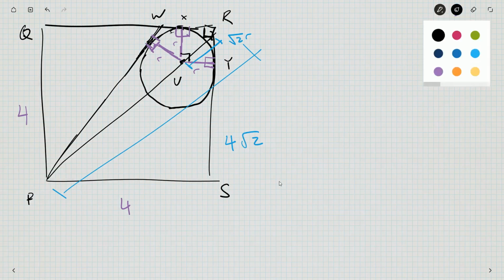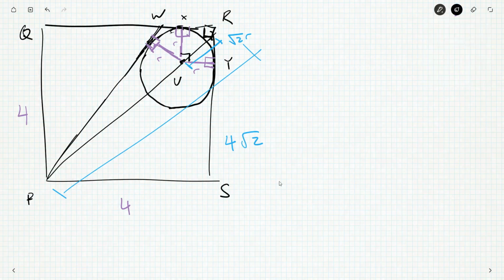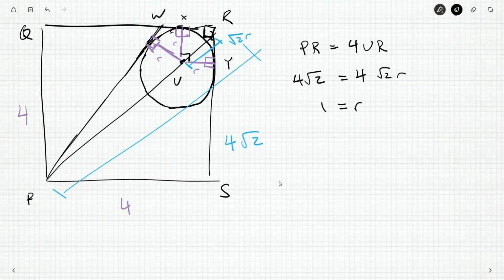But I know PR and UR relate. So PR is 4 times UR, despite the fact that it doesn't really look like it in the picture. So dividing by 4 root 2 on both sides, we get a radius of 1, which means that this distance is 1, and then we go over by another 1, and another 1.